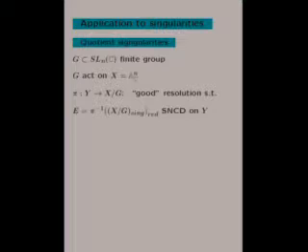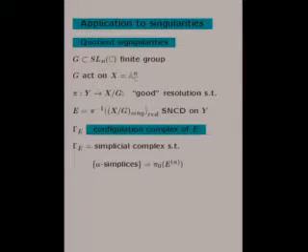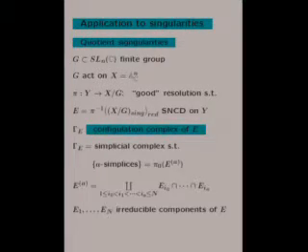Then we assume this is a simple normal crossing divisor on this Y. Then we are interested in the configuration of this exceptional divisor, which means this topological simplicial complex whose a-simplices are the (a+1)-fold intersections of the irreducible components of the exceptional divisor.